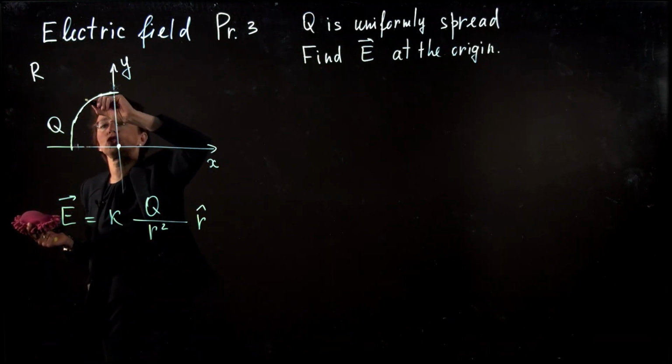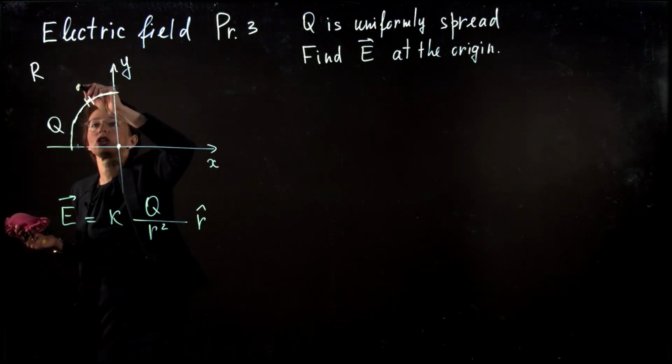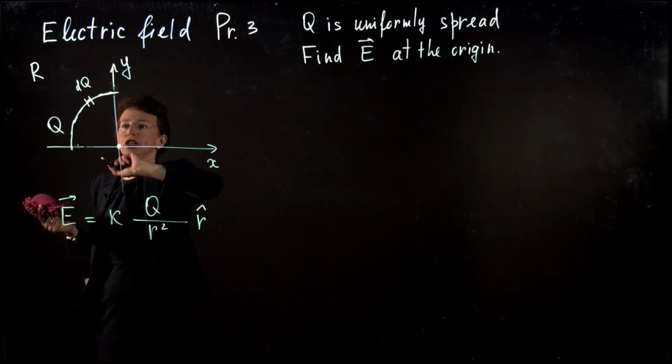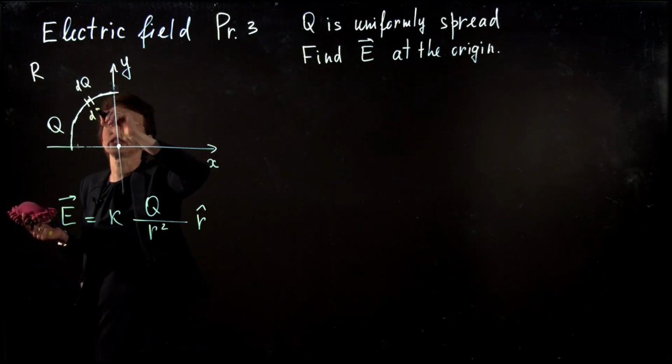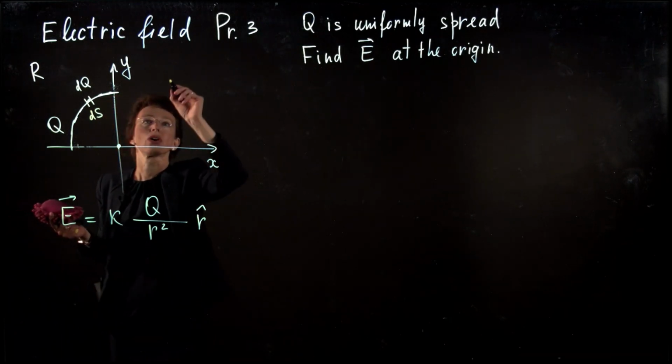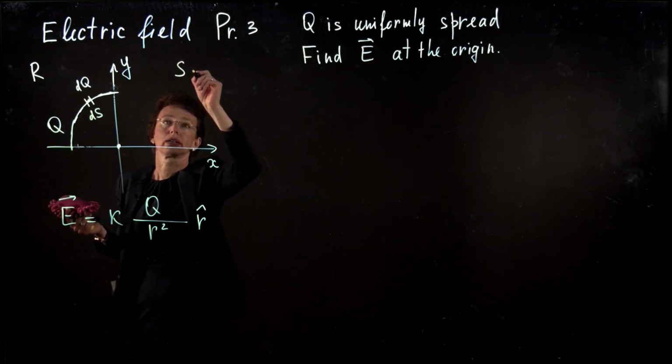So I will choose an infinitesimally small charge dq. This dq is located somewhere at an arbitrary point, and this length is the length of arc. It is infinitesimally small, and we will call it ds, where s is the length of arc.